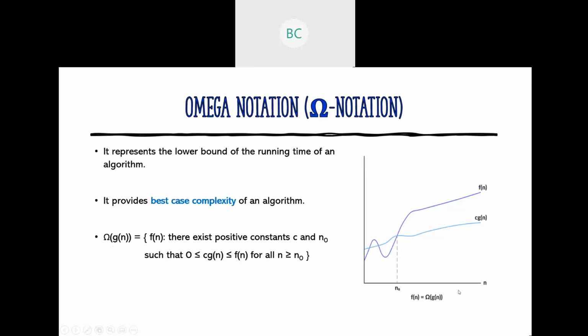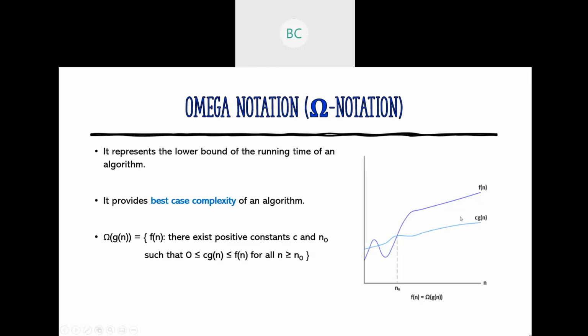Again, you see the graph, there will be some n naught and n. So n will always be greater than your constant value n naught, and f(n) will always be above your c g(n), because c g(n) is giving you the lower bound, meaning the least time it can take. Suppose your program should take at least 2 minutes, so this 2 minutes will be your lower bound.